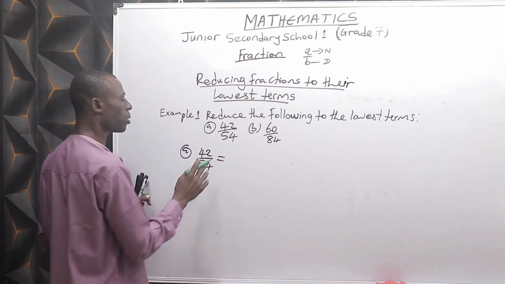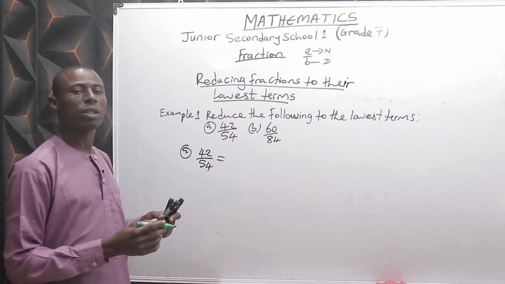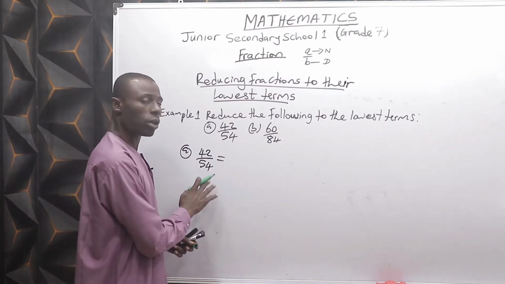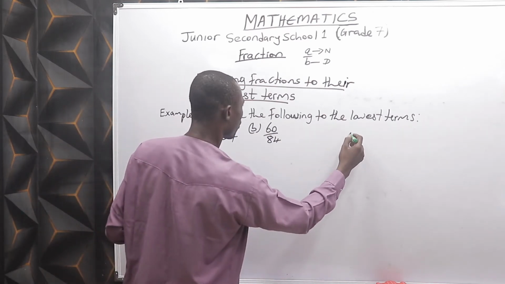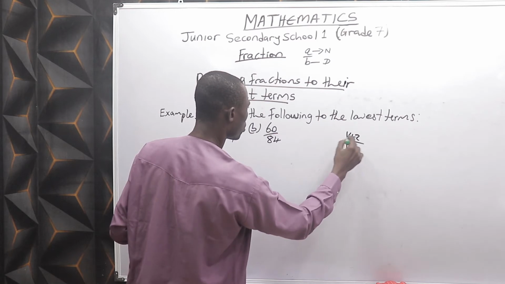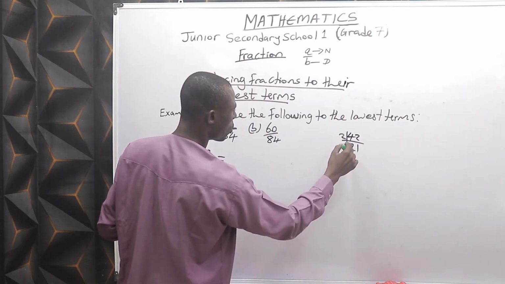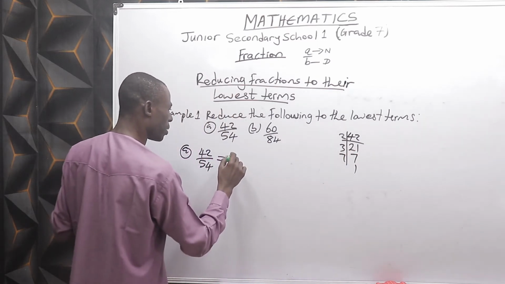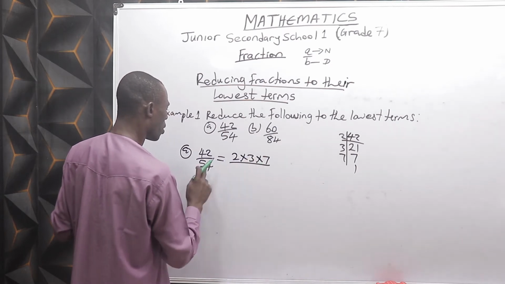To reduce them to their lowest term, I advise you to break the numerator into factors and also the denominator into factors. What do I mean? Look at 42. 2 in 42 is 21. 3 in 21 is 7. 7 in 7 is 1. So write it as 2 times 3 times 7.